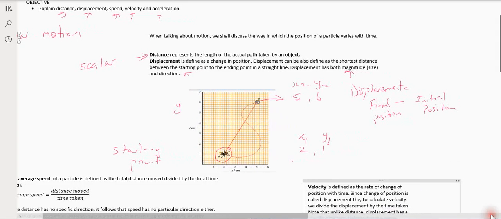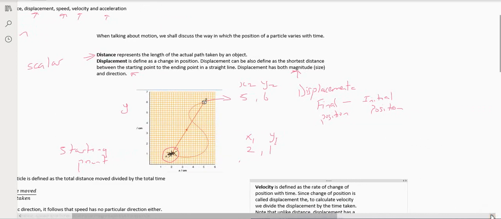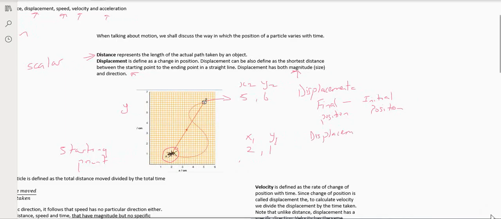So let's see what value we get for the y-axis. Okay. So for the displacement for the y-axis, let's call it y displacement, that is equal to y2 minus y1.